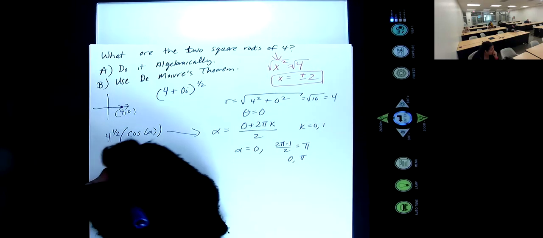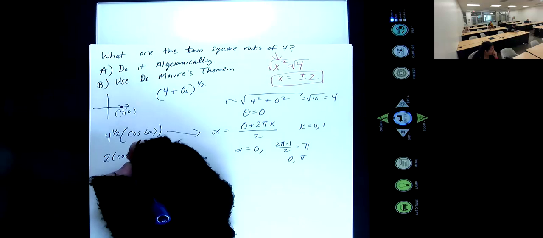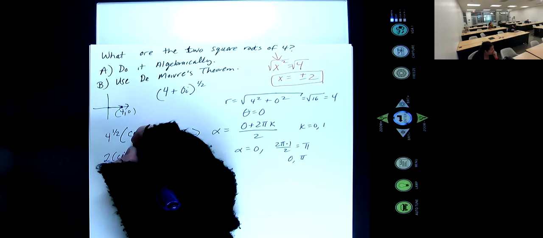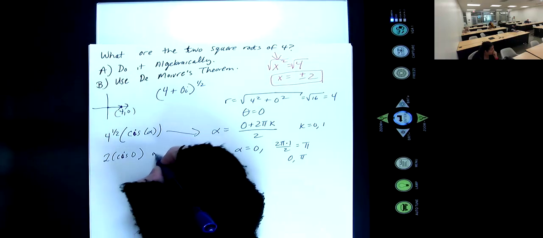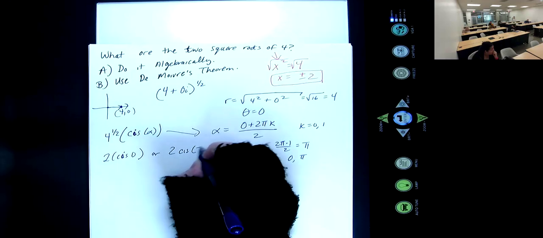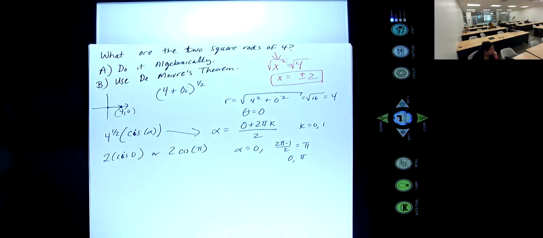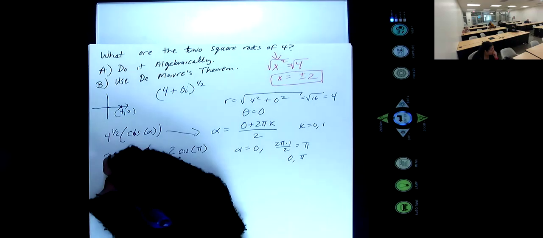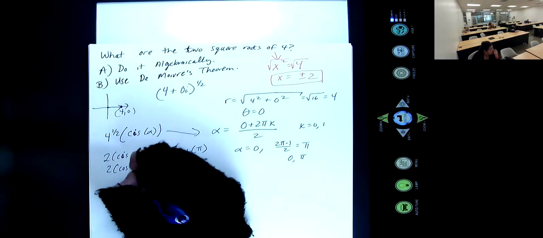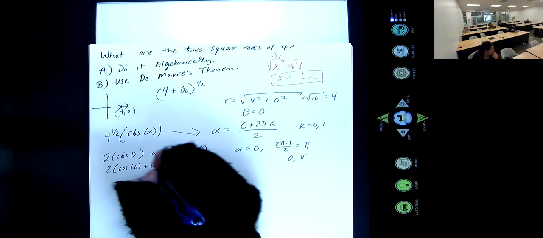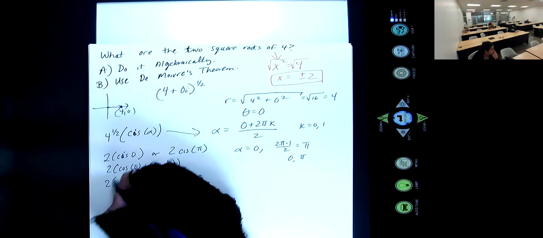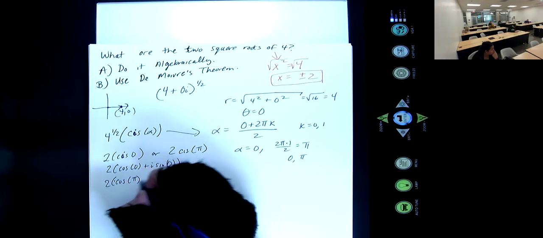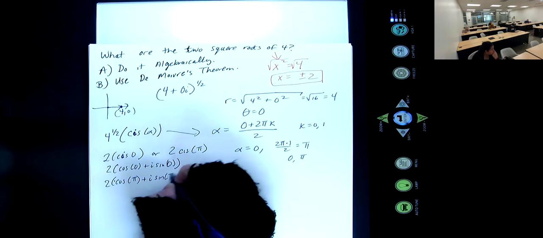So I have 2 cis 0, or 2 cis pi. This is 2 cosine 0 plus i sine 0. This is 2 cosine pi plus i sine pi.